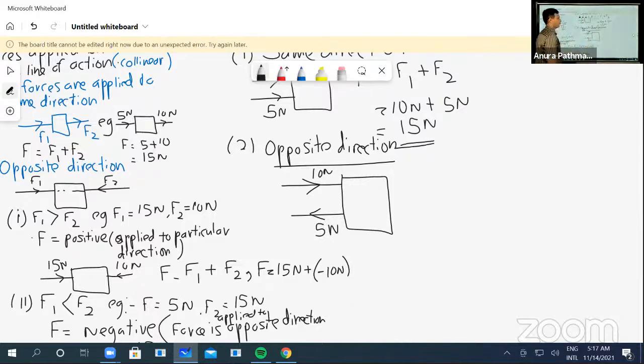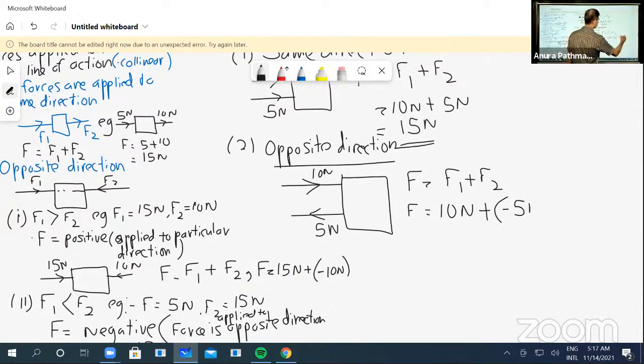5 Newton. We know the resultant is F equals F1 plus F2. That means here it is written 10 Newton plus, then 5 Newton opposite, so within brackets negative 5 Newton.